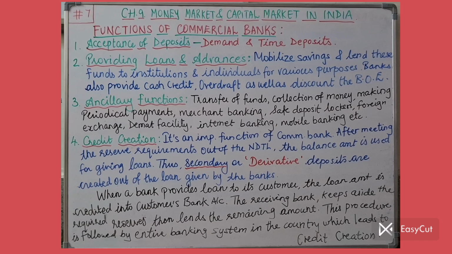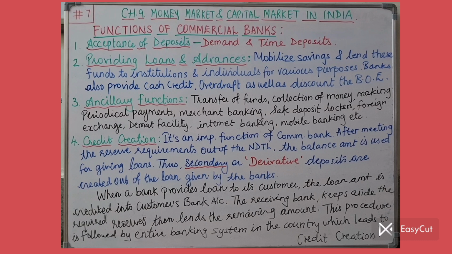Wherever the customer has some other bank, whichever bank receives that amount, that receiving bank will again keep aside some reserve, and the remaining amount will again be given away by way of loans and advances. This procedure will continue and will be followed by the entire banking system in the country.